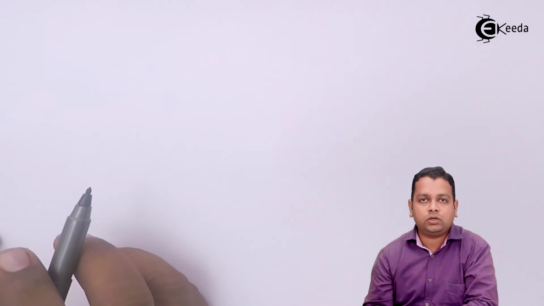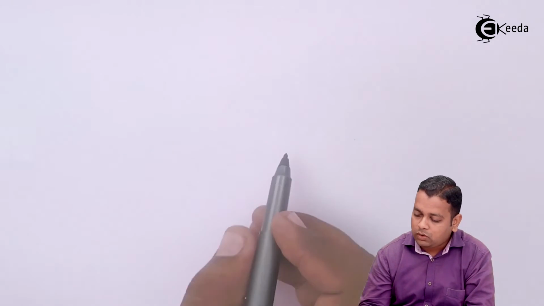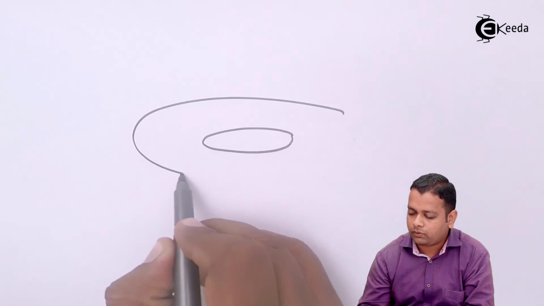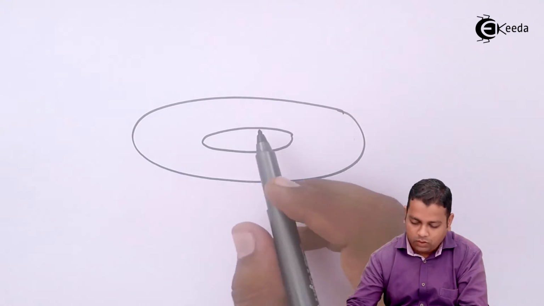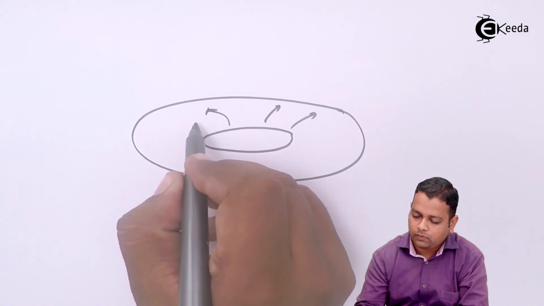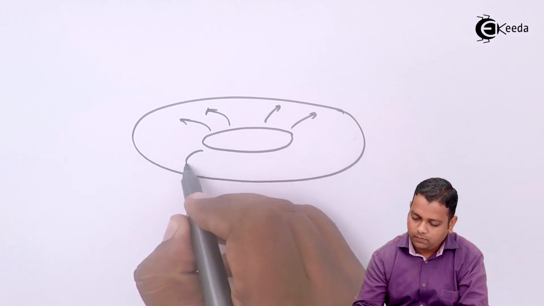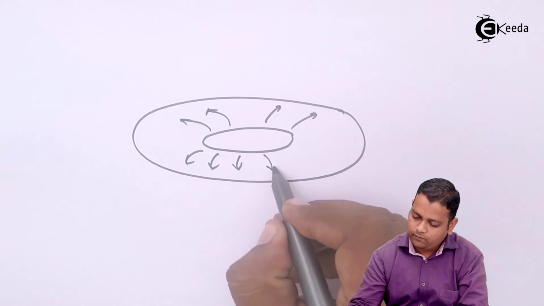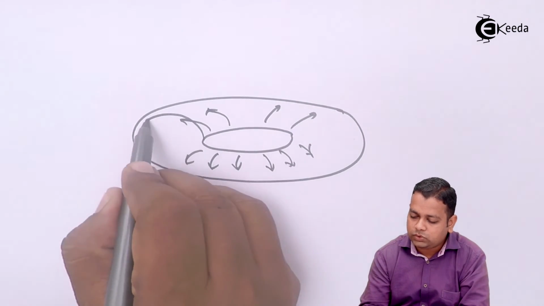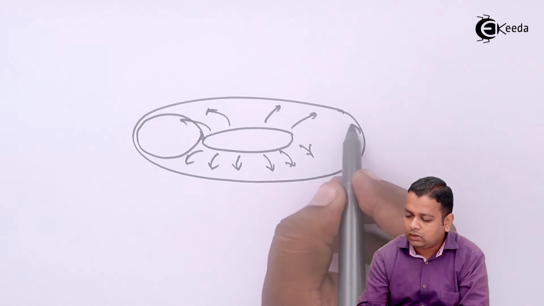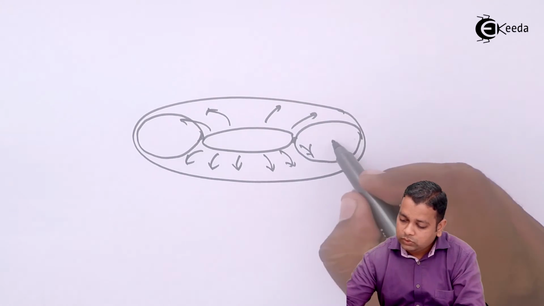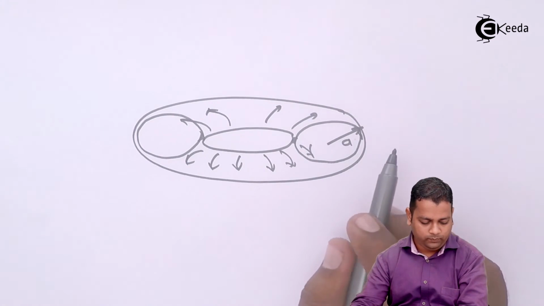If you take into consideration the toroidal shape, the ideal toroid I can draw with this diagram. So onto this toroid we have to show the directions this way. Now here the cross sections can be shown with the two circles. One circle here, another circle here, considering the symmetry of the diagram. So this has a radius small a.